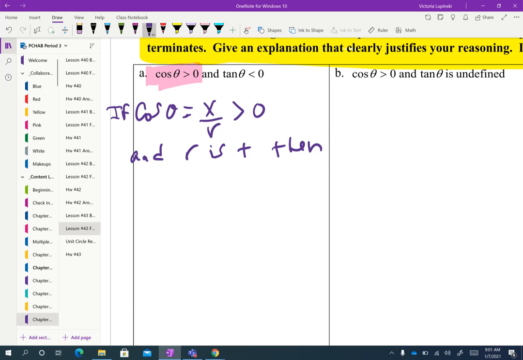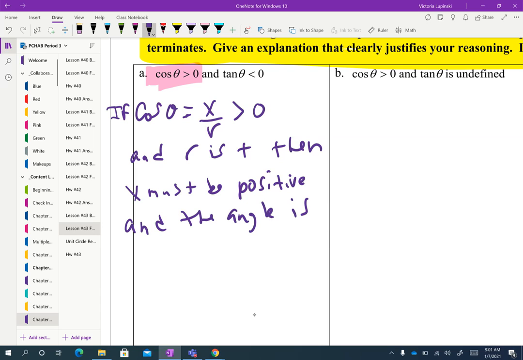So if the cosine of theta equals x over r is greater than 0, and r is positive, then x must be positive, and the angle is to the right of the y-axis.